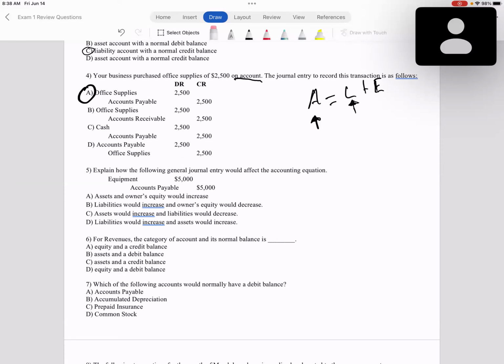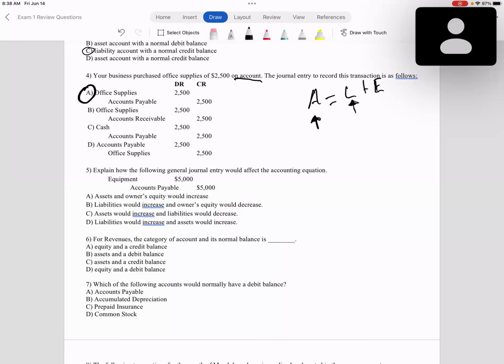Okay, remember accounts receivable is an asset, but we're crediting that account, so it would be going down. That doesn't really make sense. That would mean that someone would owe us, well, but they would owe us less because it's going down. Okay, cash is going up. It doesn't make any sense, right? Accounts payable is going up. That part of it makes sense, but the cash part doesn't.